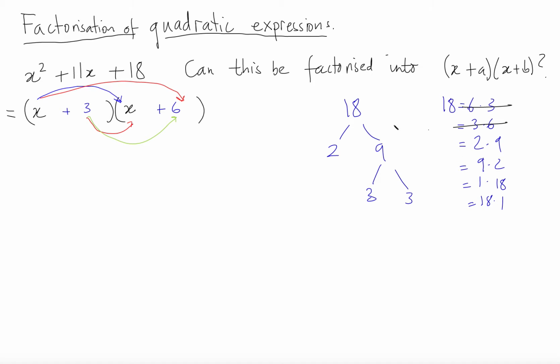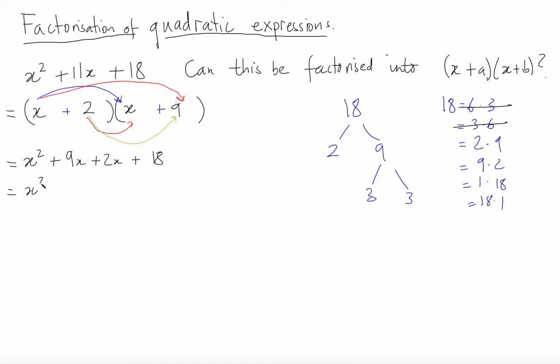What about 2 and 9? Let's replace the 3 and the 6 with 2 and 9. So that will give me x squared plus 9x plus 2x plus 18.